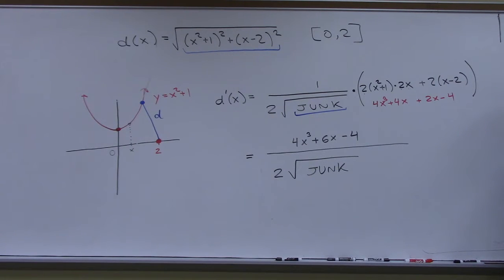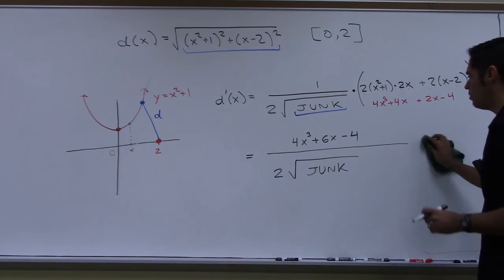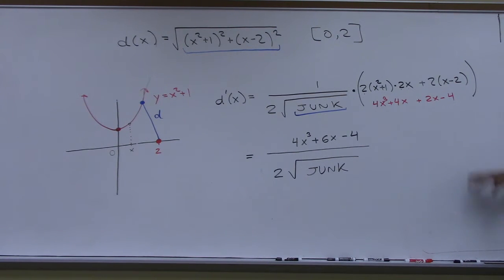So now what? If that's our derivative, find the critical numbers, right? So I have to do what with this fraction? Set the top to 0, and then also figure out where the bottom is undefined, or where we might get division by 0? Okay.